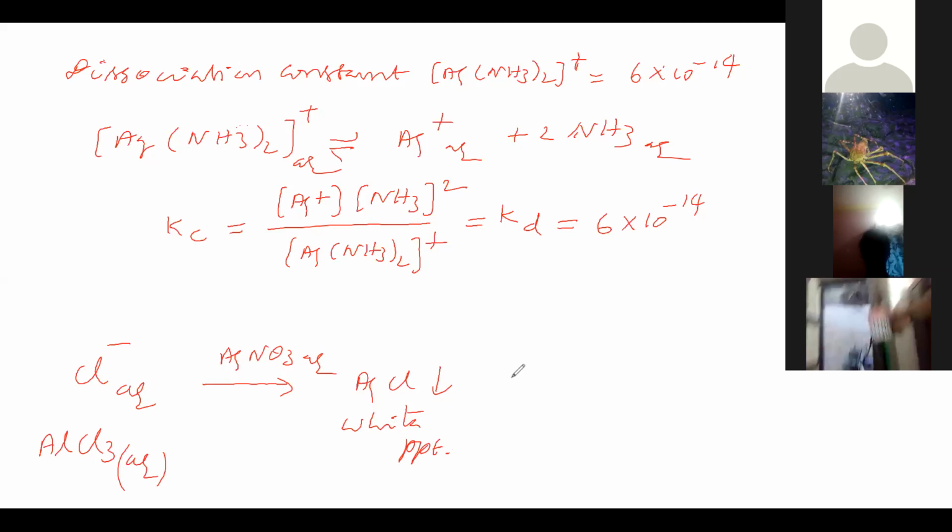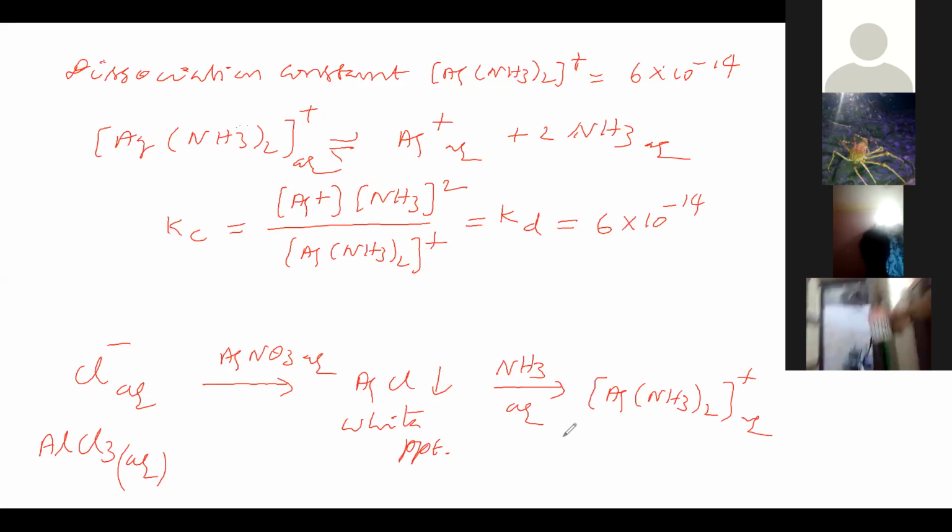To this, let us add ammonia and shake the contents. The white precipitate dissolves due to formation of the complex, which is Ag(NH3)2 plus. This is one of the pieces of knowledge in salt analysis.